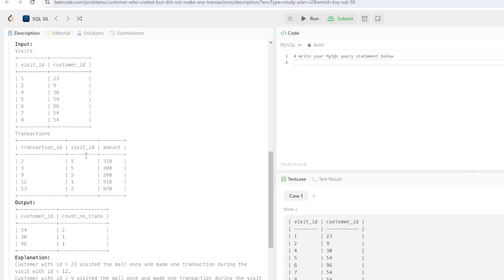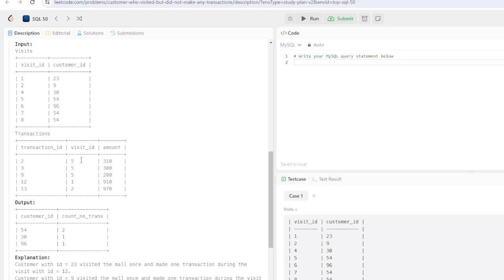So let's see, for this customer ID 23, he visited with visit ID 1. So this is the customer, that is 23. Now this customer has done a transaction with the transaction ID 12 and they paid this much amount, right? So this means that this customer had visited the mall and this customer had also made the transaction.